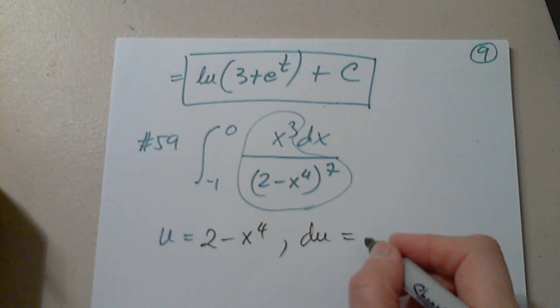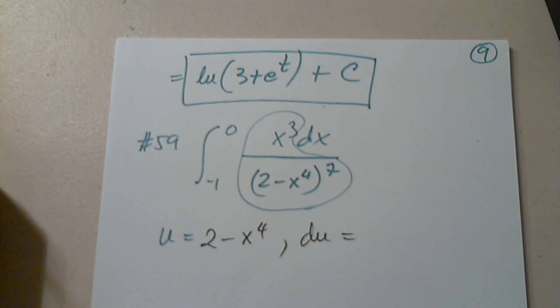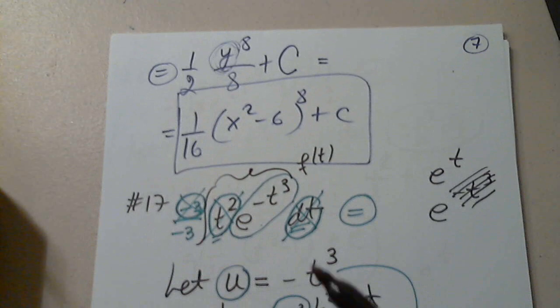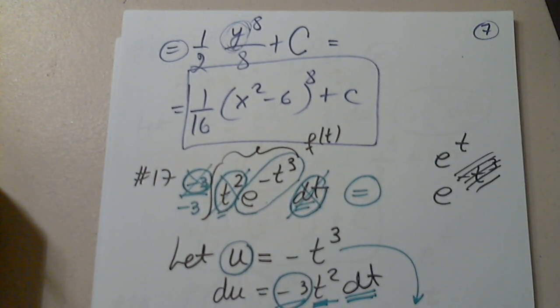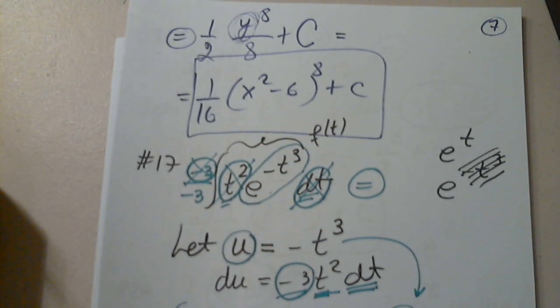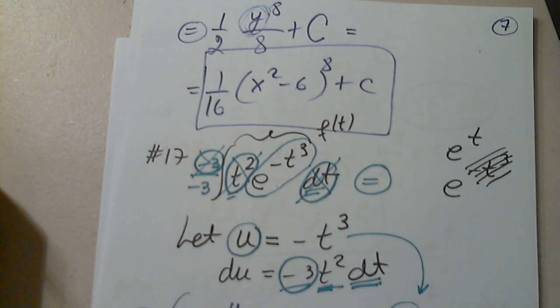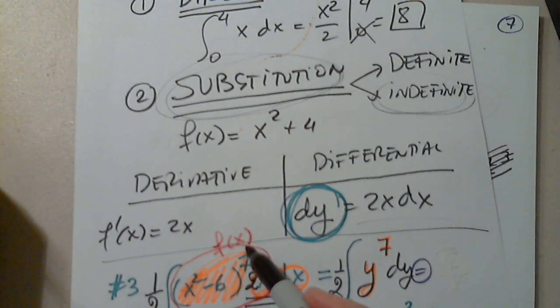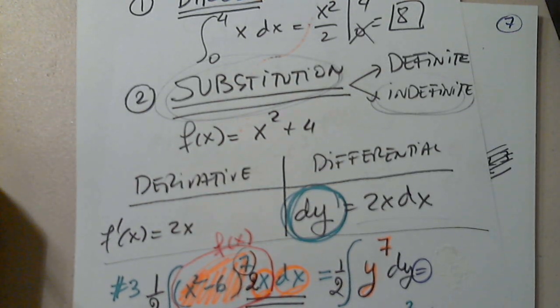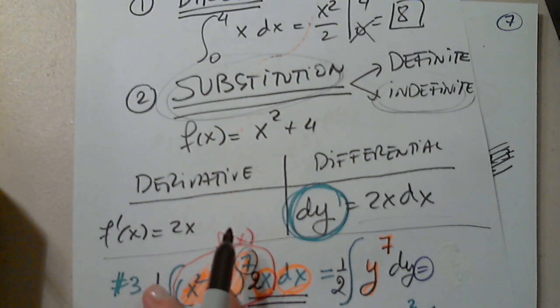Now, let's go back for a second. You understand that we did not ever use the power on something like this, right? I did not use the power in the substitution. I only used x squared minus 6 as u.